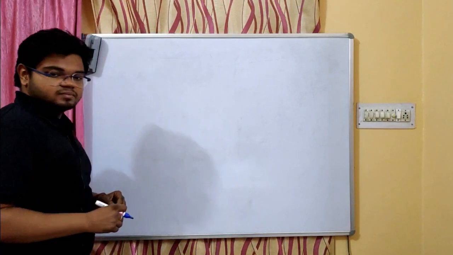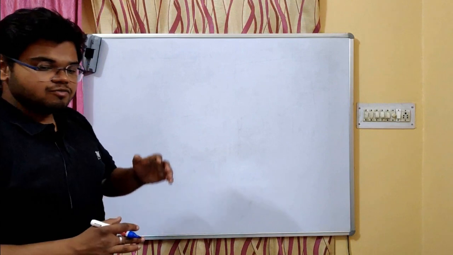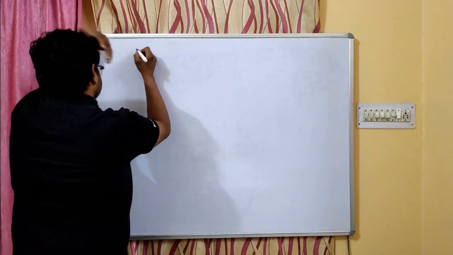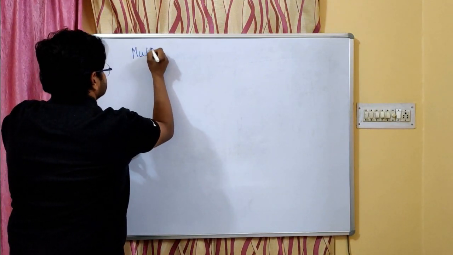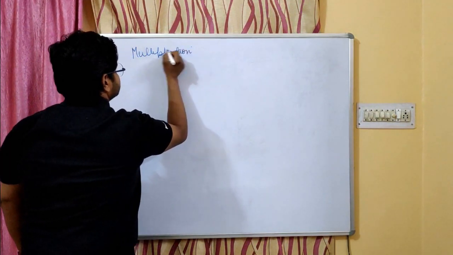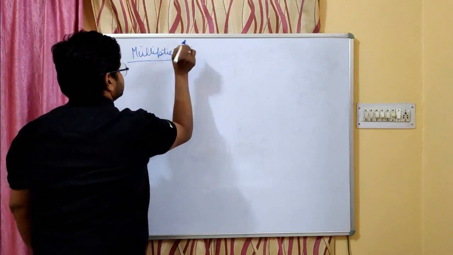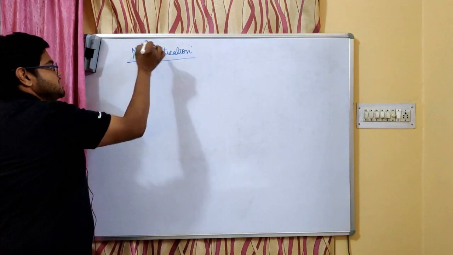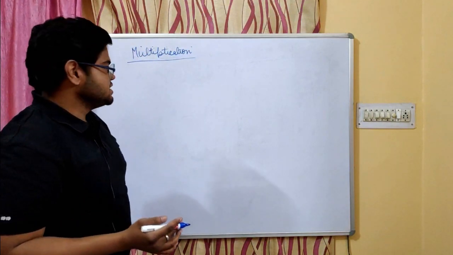Now, the next topic that we have is multiplication of integers. And children, in multiplication of integers, firstly we need to understand some rules.